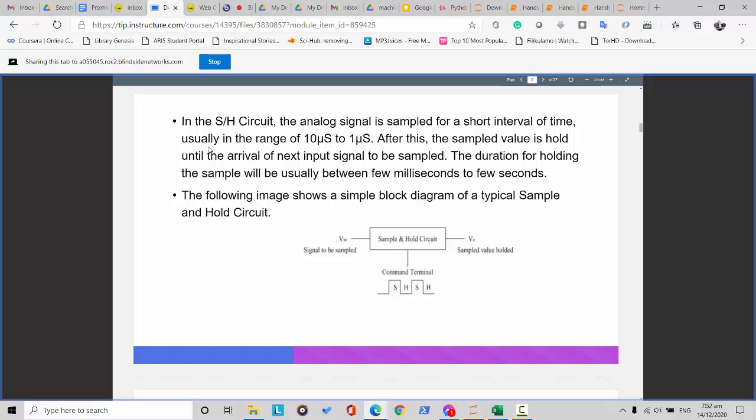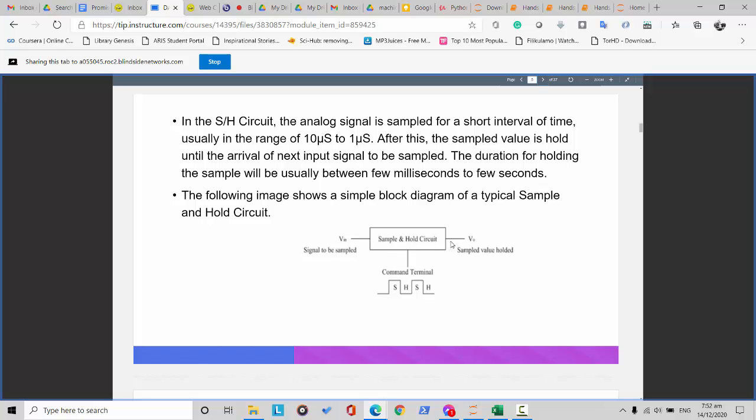It says here that it is usually in the range of 10 microseconds to 1 microsecond. And after the sampling, the sampled value is held or frozen until the arrival of the next input signal to be sampled. The duration for holding the sample will usually be between a few milliseconds to a few seconds.